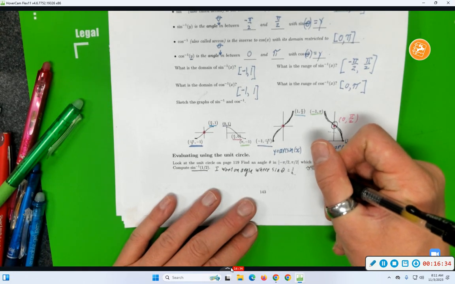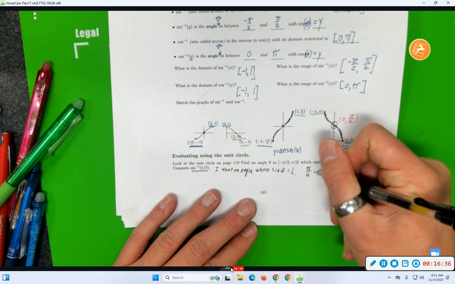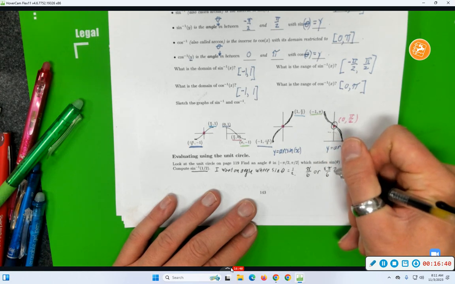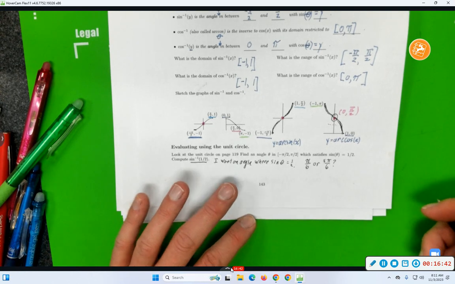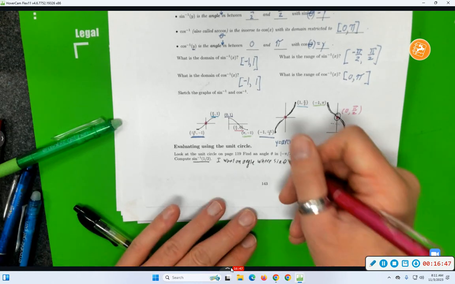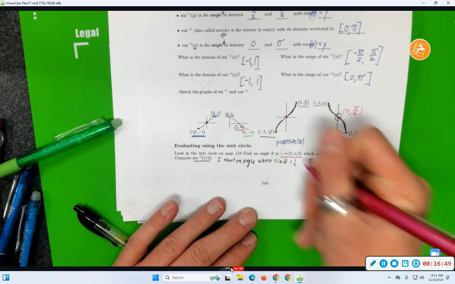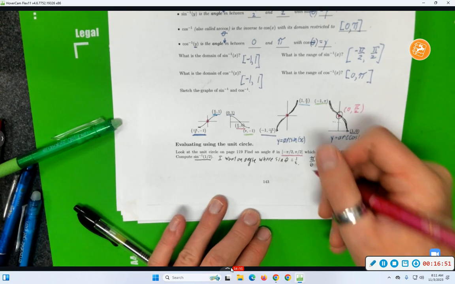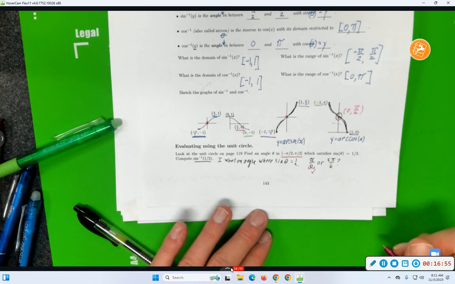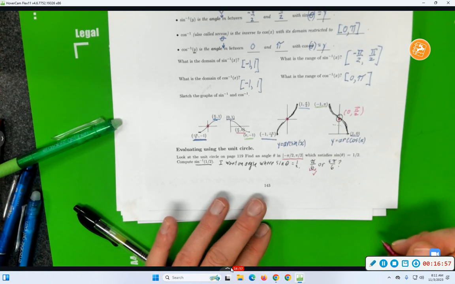So here's not the final answer. Maybe one of those. All right, now let's deal with this condition. This angle has to be between negative pi over 2 and pi over 2. That one's between negative pi over 2 and pi over 2. Pi over 6 is less than pi over 2.